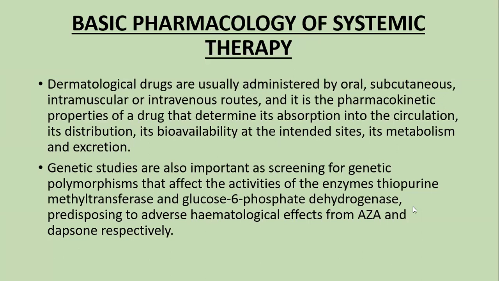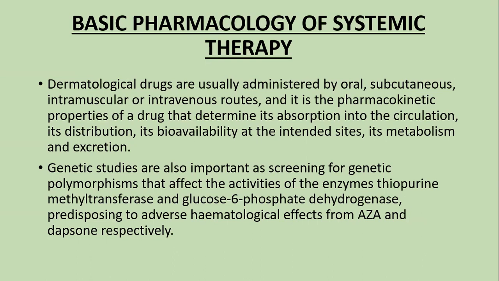Basic pharmacology of systemic therapy. The dermatological drugs are usually administered by oral, subcutaneous, intramuscular, or intravenous routes, and it is the pharmacokinetic properties of a drug that determine its absorption into circulation, its distribution, the bioavailability at the intended sites, and its metabolism and excretion.